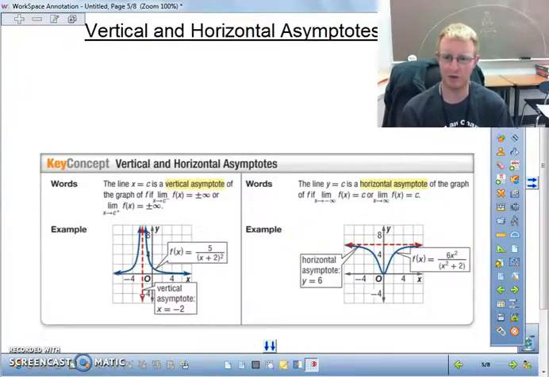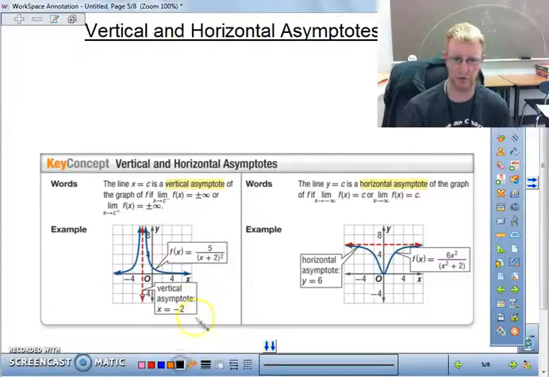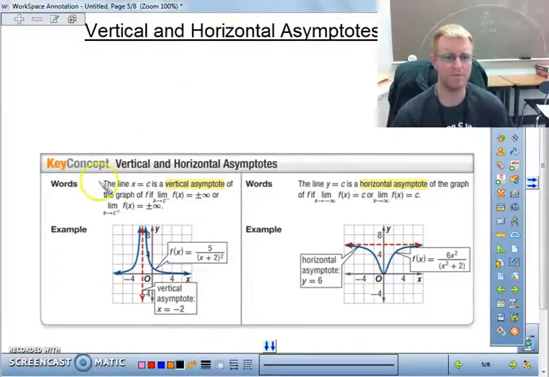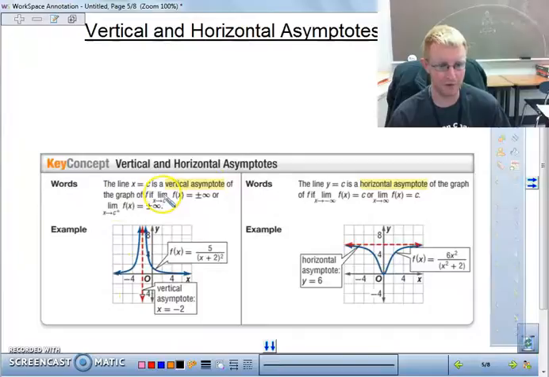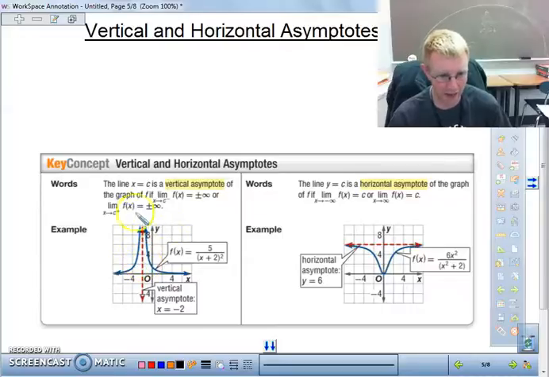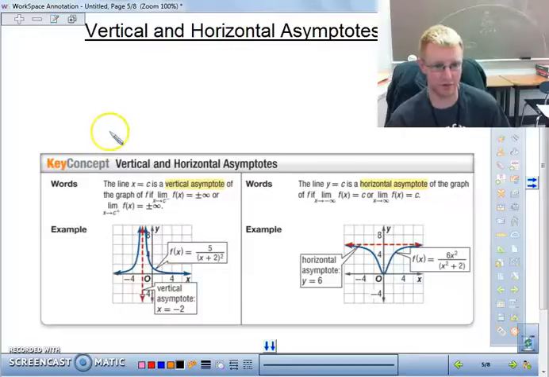With the vertical asymptote, it's much more clear than the horizontal asymptote. If you see, it says the line x equals c. That's a vertical line. It's a vertical asymptote of the graph if the limit as you approach a value, in other words, as I approach this value, goes to positive infinity or negative infinity.